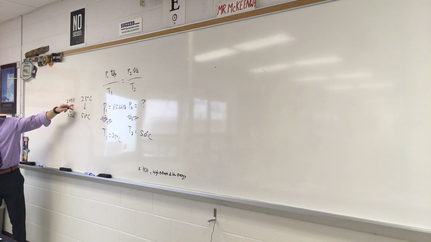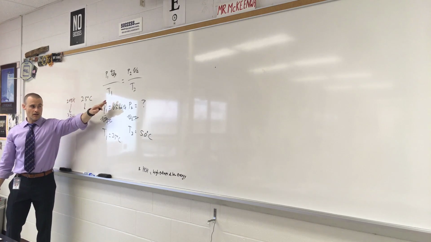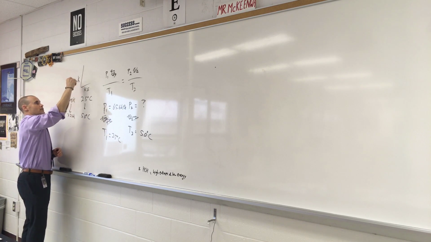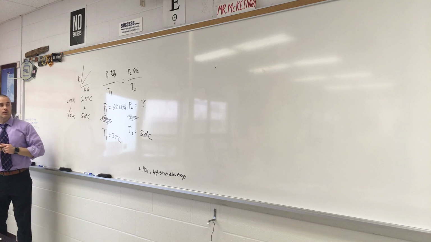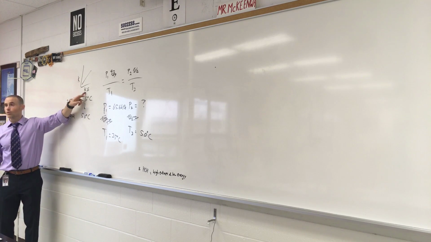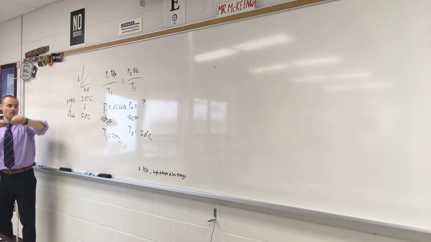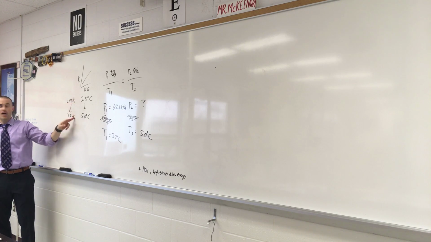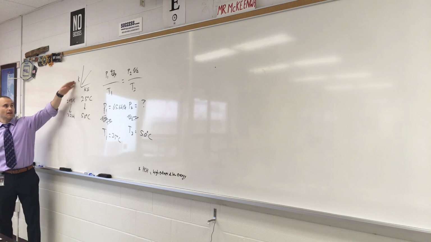The reason we use Kelvin for gas calculations is that kinetic energy is directly related only to Kelvin. Kinetic energy, how fast particles are moving, how much energy they have when they move, doesn't work with Celsius, and this is why. When you double Celsius or triple it, it isn't the same on the Kelvin scale.